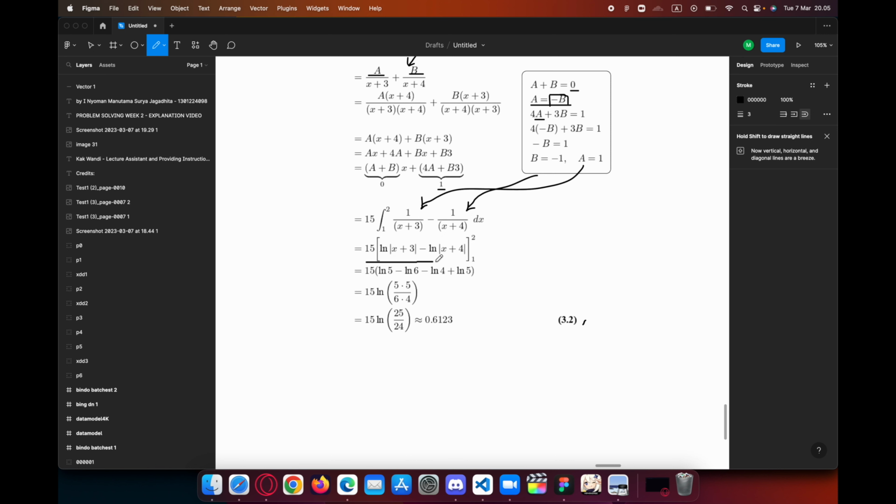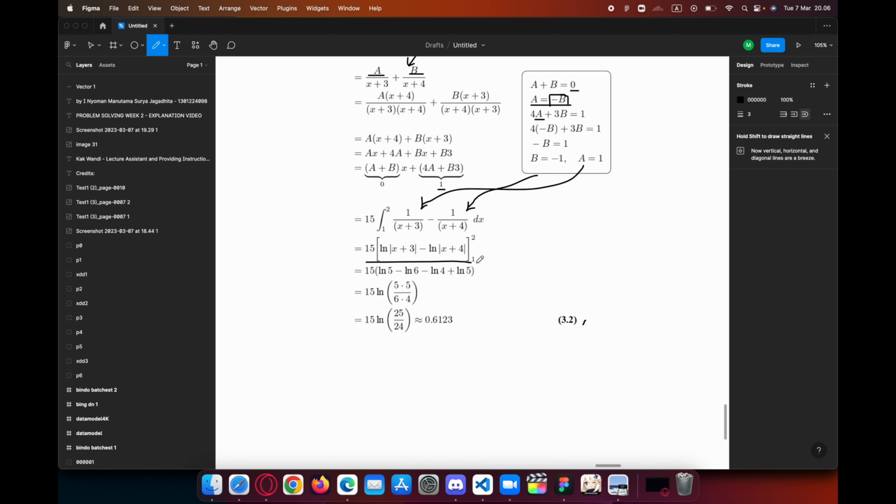After we got this value, we need to calculate the boundaries. So first substitute 2. So ln of 2 plus 3 is ln 5, minus ln of 2 plus 4 is ln 6, and then we minus with the boundaries of 1.